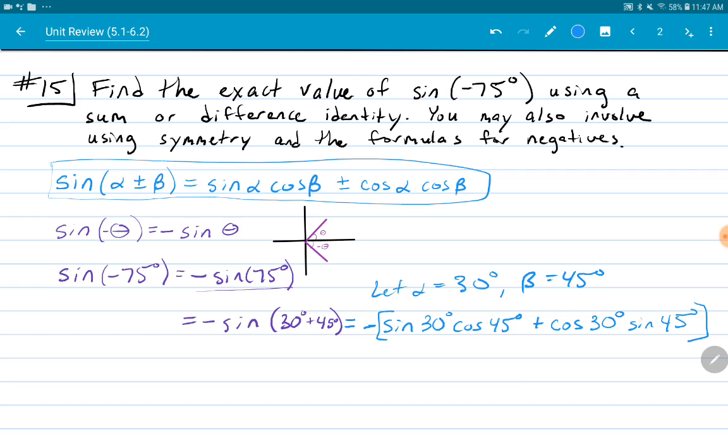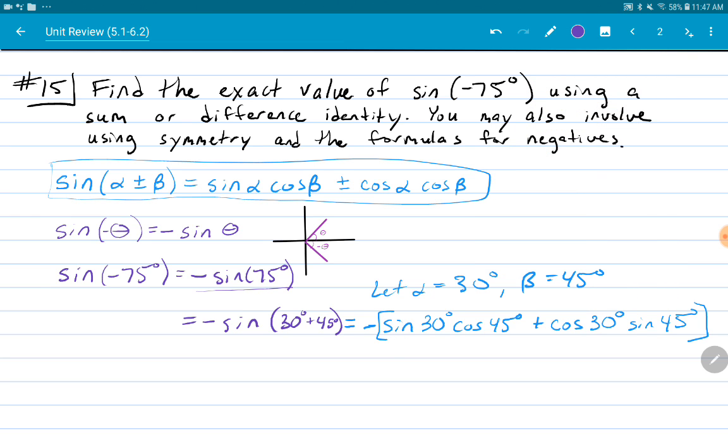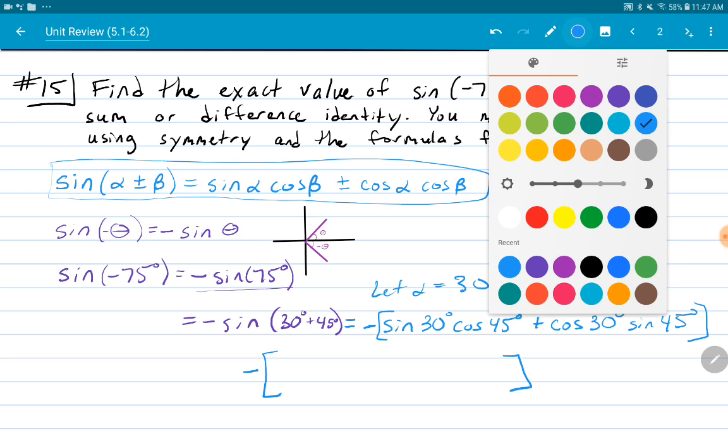Now this I can evaluate with my unit circle, because 30s and 45s are both on my unit circle. Let's start with the stuff that we know. I'm going to keep the negative and the parentheses, and now I'm going to plug in what I know.